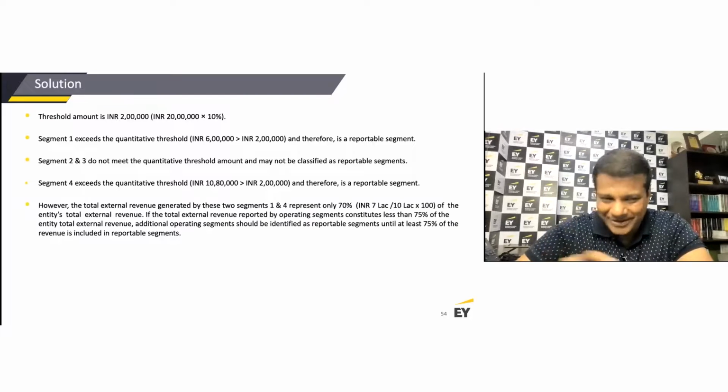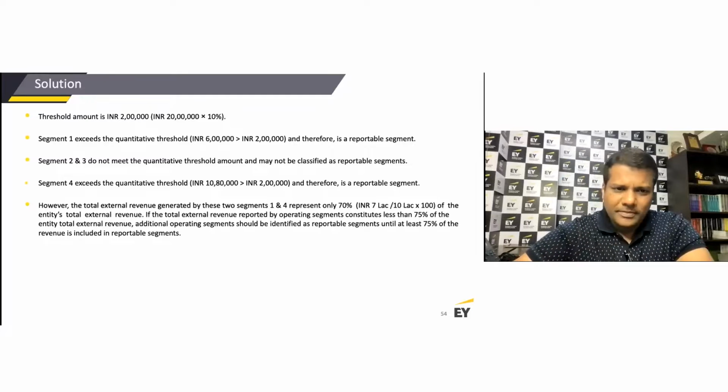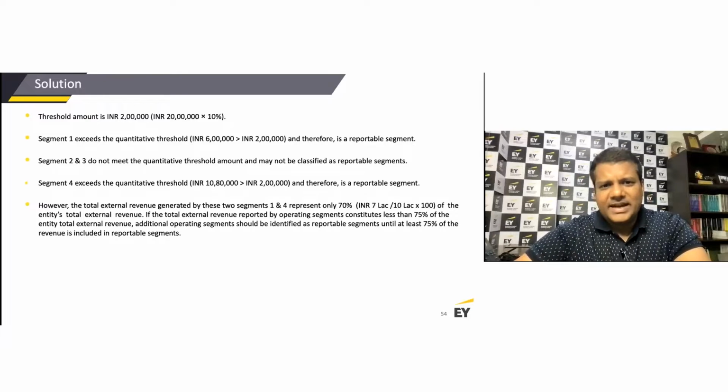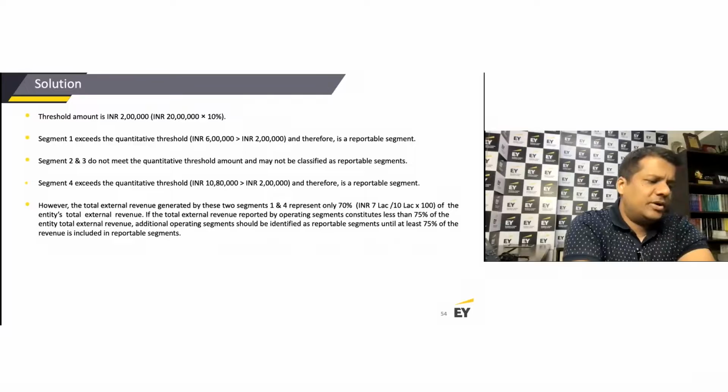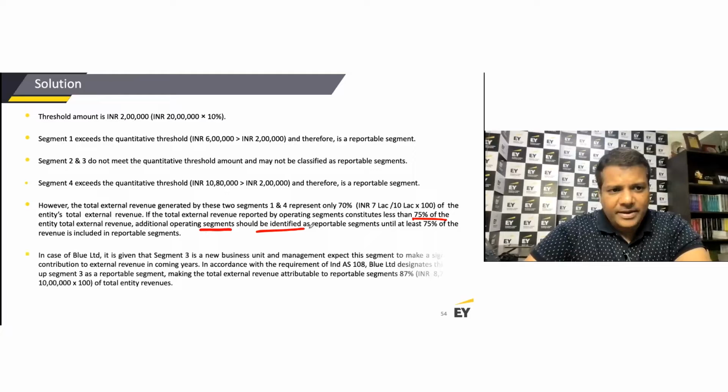However, the total external revenue generated by these two segments, 1 and 4, represents only 70%, that is 7 lakh by 10 lakh of the entity total revenue. If the total external revenue reported by operating segments constitutes less than 75%, additional operating segments should be identified to get to 75%.